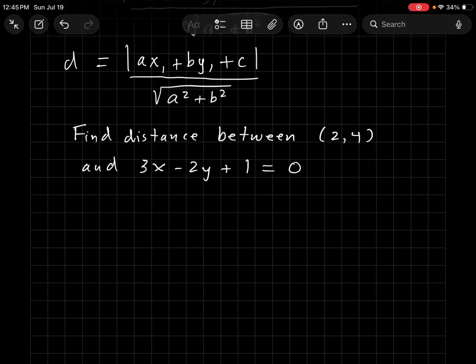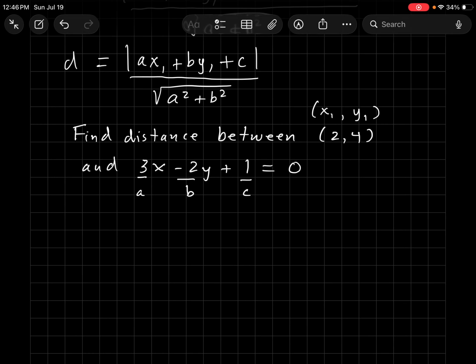Let's set some of these things up. The 3 is going to be our a. The negative 2 is going to be the b. 1, positive 1 is c. And then x1 is 2 and y1 is 4.